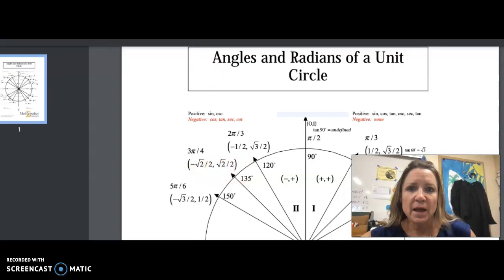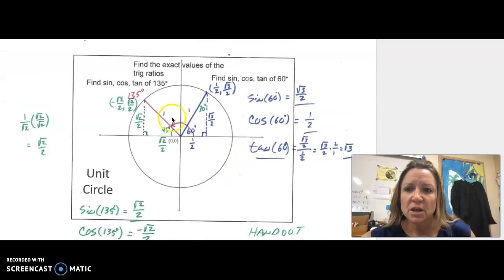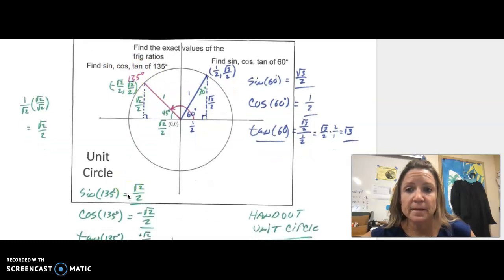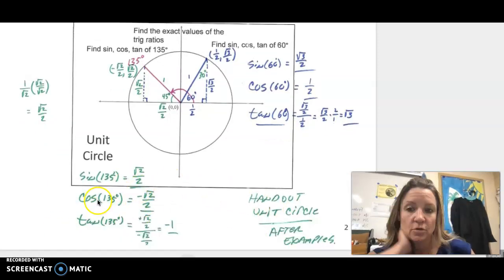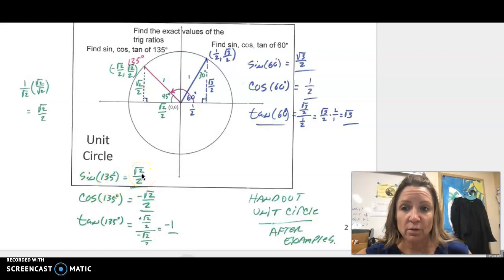So when we hop back to the question of 135, that means we're looking for sine, cosine, and tangent. So the sine for 135 degrees is going to be the square root of 2 over 2.